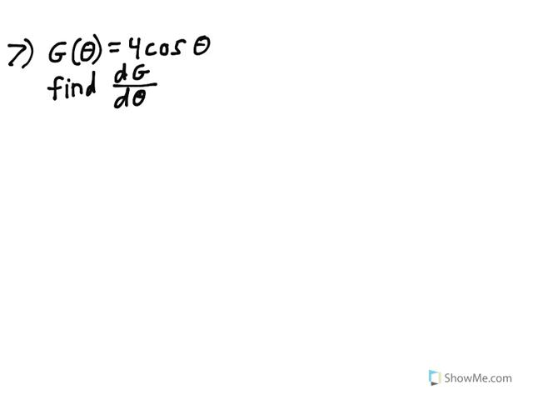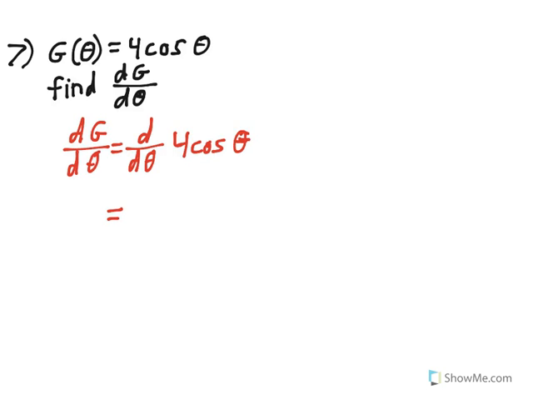So we got dg/d theta is going to equal d/d theta of the function g, which is 4 times the cosine of theta. Okay, take the 4, move it outside. It's going to be 4 times the derivative with respect to theta of cosine theta.